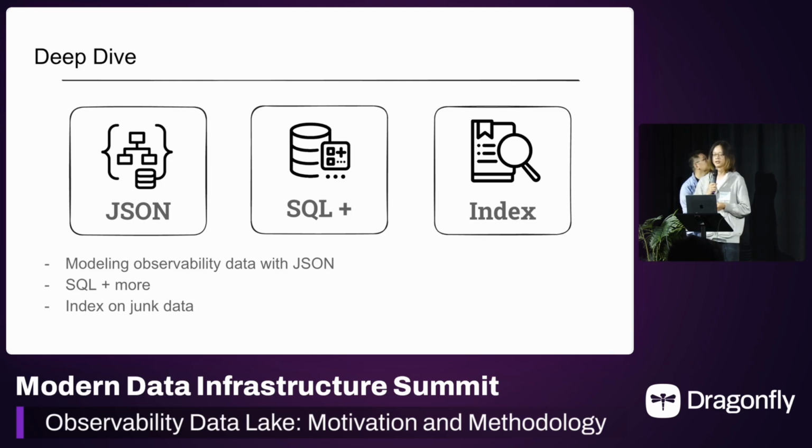And third is index. All of these are very old techniques in databases and data lakes, but we will introduce why index is important for us and why index is important for observability in a data lake.